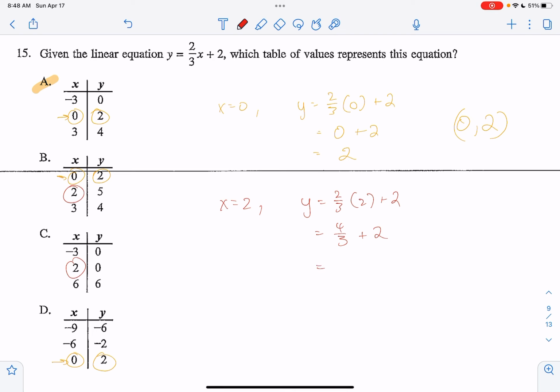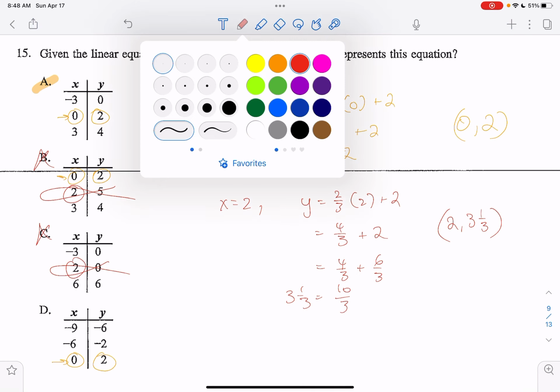And this is going to be 4/3 plus 6/3, or 10 out of 3. So that's a fraction here, 3 1/3. So it'll be 2 comma 3 1/3. And that means you can eliminate B and C. So B and C are out of contention.